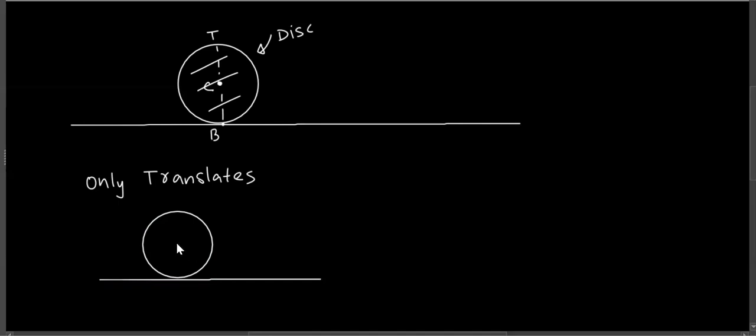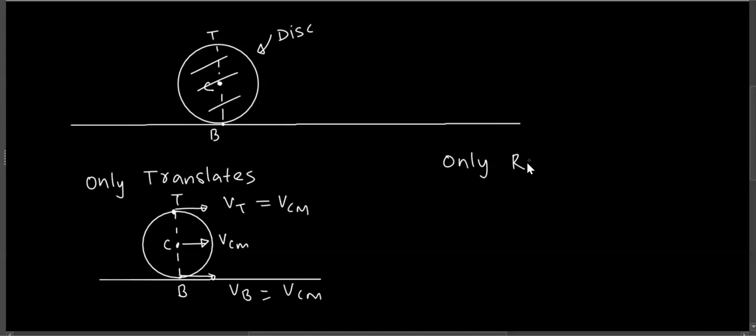Suppose the velocity of the center of mass is Vcm. Then the topmost point, whatever particle is on the top at an instant, its velocity, let's say Vt, its magnitude will be Vcm. And the bottommost point will also be in the forward direction, so that Vb, the velocity of the bottommost point, is also Vcm. You get this?